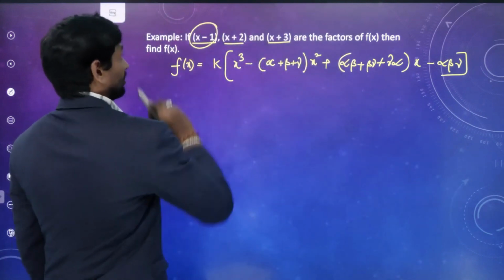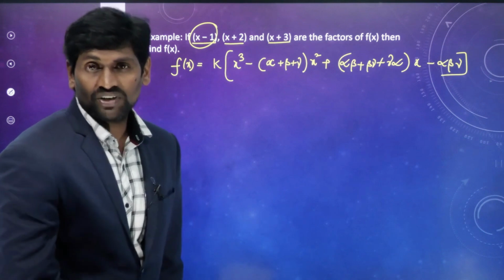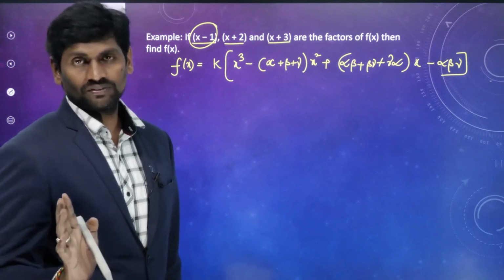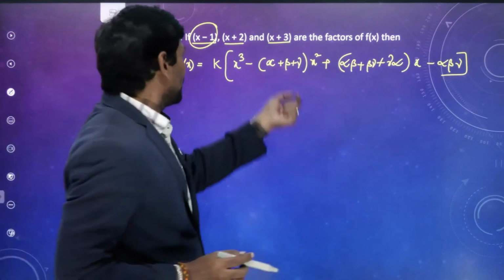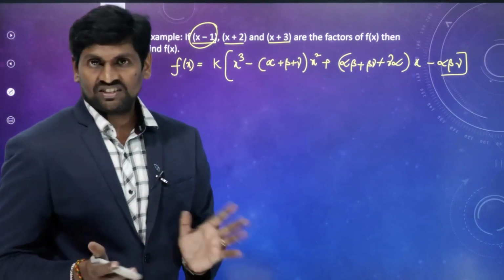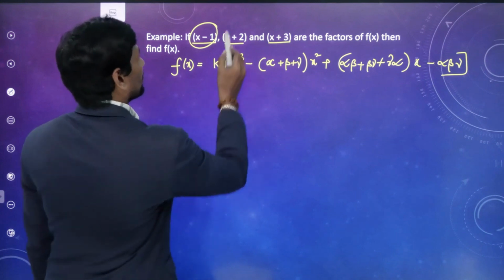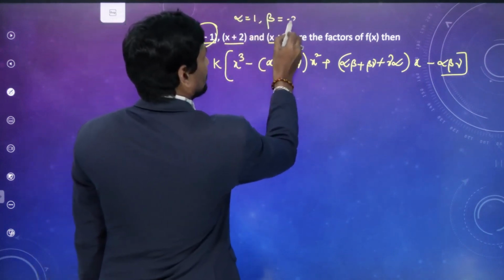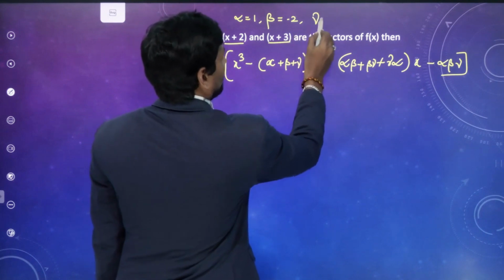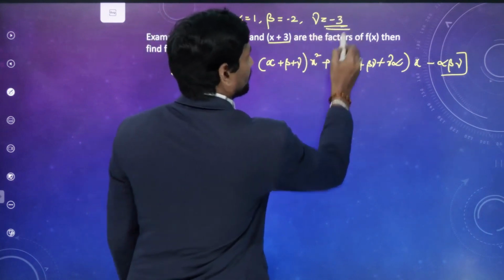And from the factor theorem, if x minus 1 is a factor, then 1 is the root. Same way, x plus 2 is a factor, minus 2 is the root. x plus 3 is the factor, minus 3 is the root. I am taking the solutions. Alpha value is 1, beta value is minus 2, and gamma value is minus 3.